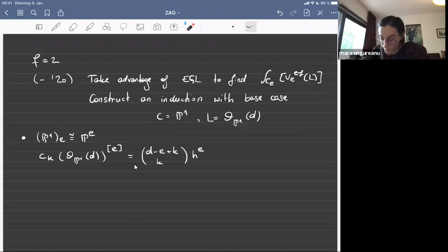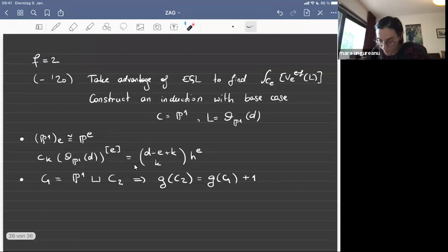So that's very good news, because then I can do my induction by constructing curves by taking disjoint unions. If I consider the curve C1 to be the disjoint union of P1 and some other curve C2, then using the additivity of the Euler characteristic, I conclude that the genus of C2 is nothing but the genus of C1 plus 1.